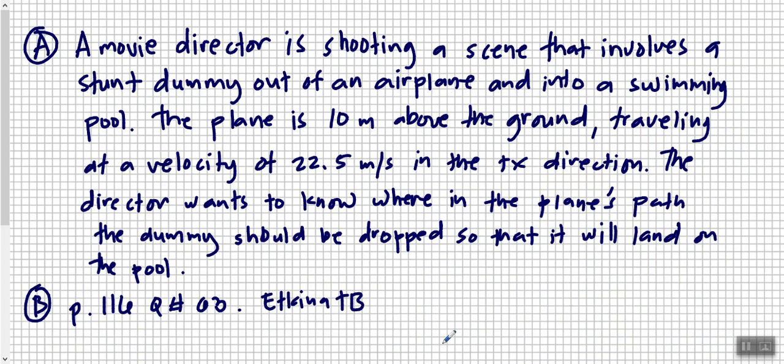Let's solve problems along the projectile launched horizontally. And for B, let's use page 116 of your book, question number 63, for projectile launched at an angle. We are going to solve this in the classroom.